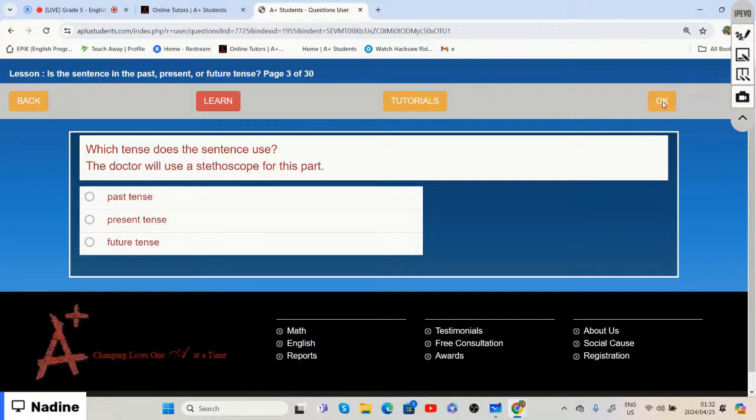The doctor will use a stethoscope for this part. Is this the past tense, present tense, or future tense?